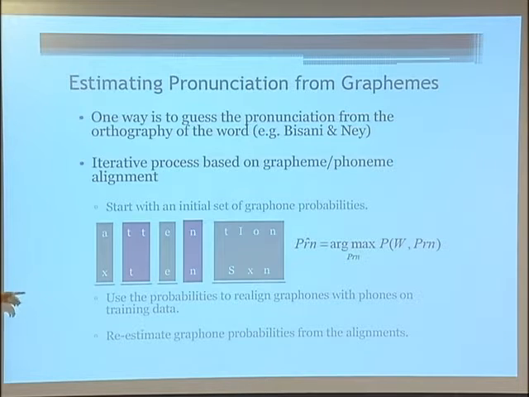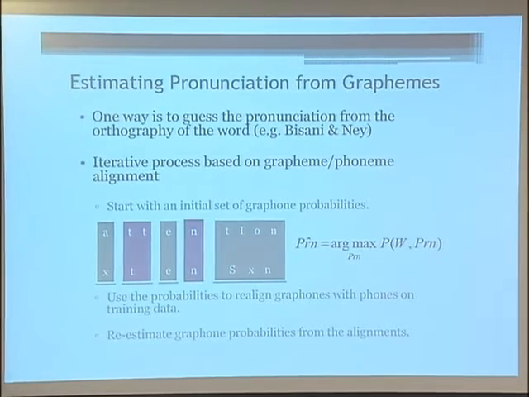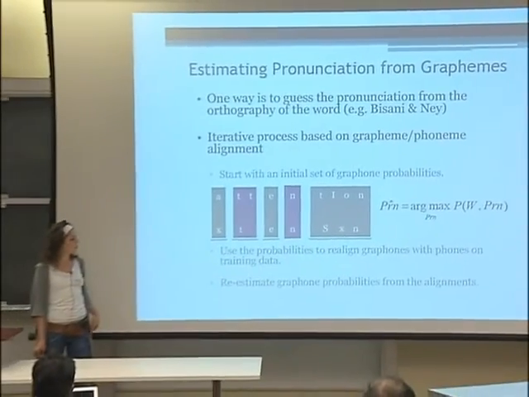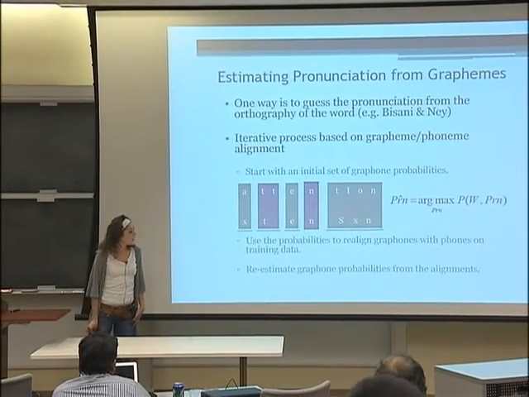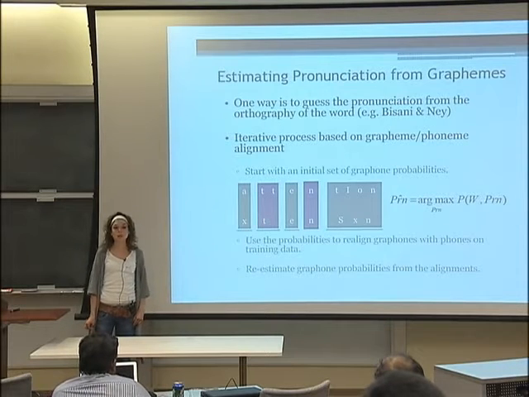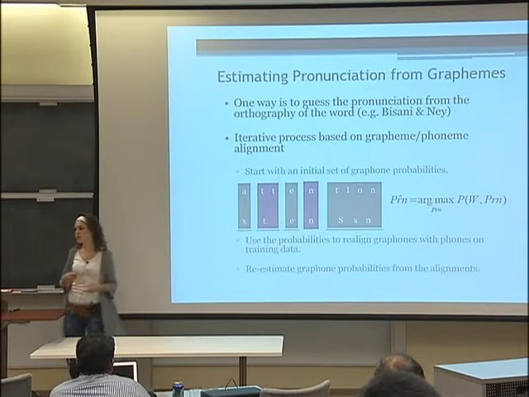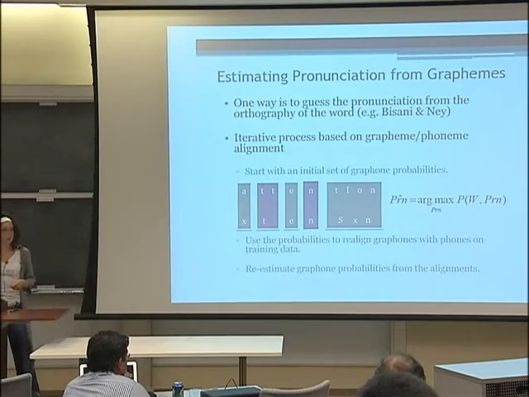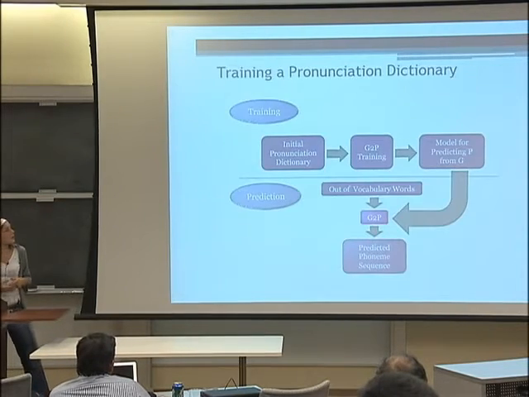It doesn't have to be, there can be 1-to-1 mapping, or 2 graphemes can be mapped to only 1 phoneme, or 1 or more graphemes can be mapped to silence. This doesn't depend on anything. And after we get these probabilities, we re-estimate graphone probabilities from the alignments, and we continue this process iteratively until we reach the best results.